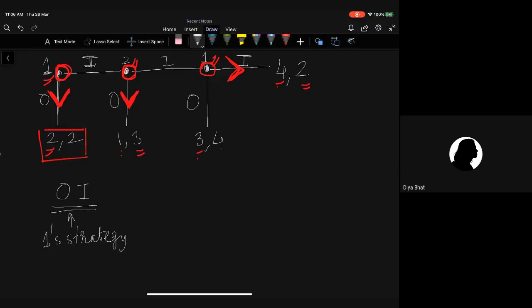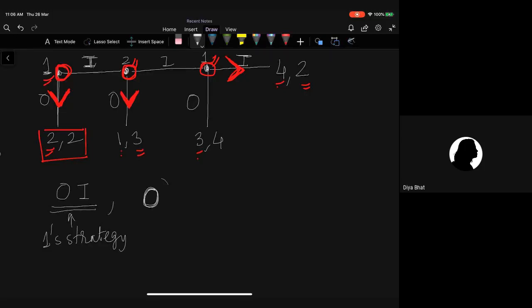The first element refers to the plan of action in the first node. The second element refers to the plan of action the second time one gets to move, which is in the third node, the terminal node. And two's strategy is O, to stay out every time it gets a chance to move, right?